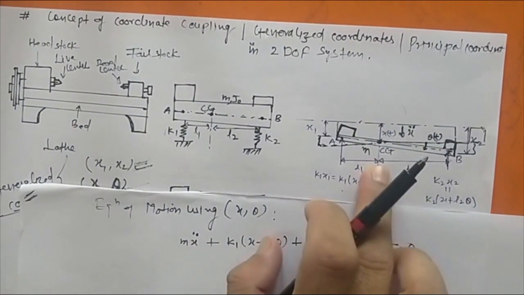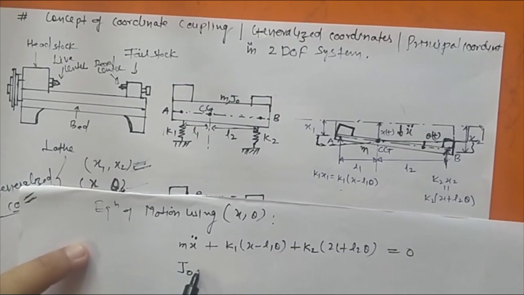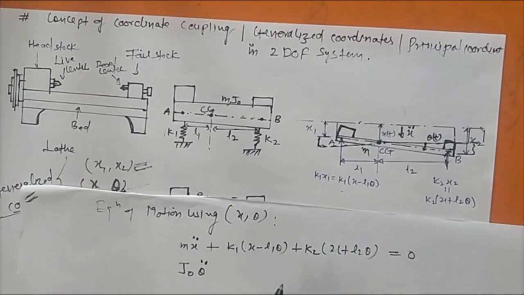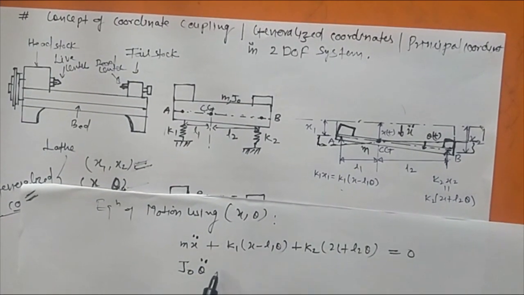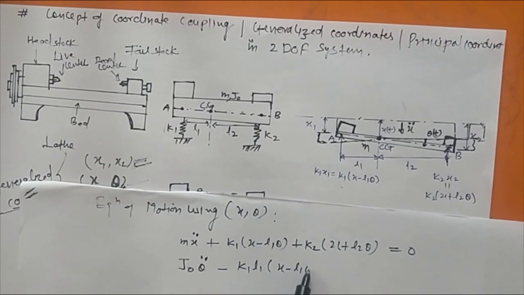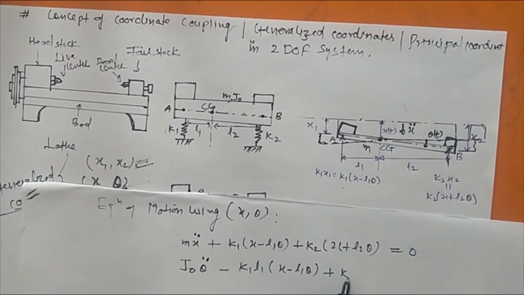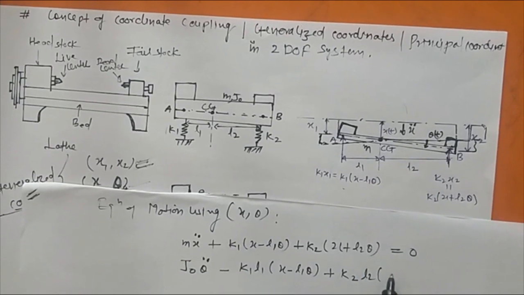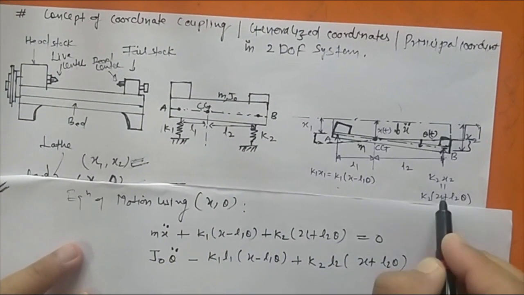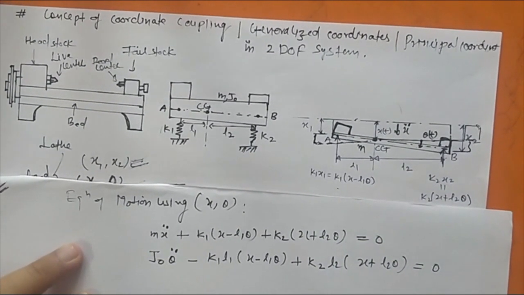So from moment equilibrium we write the equation: J naught theta double dot in the anti-clockwise direction, minus k1 L1 (x minus L1 theta) in the clockwise direction, plus k2 L2 (x plus L2 theta) in the anti-clockwise direction, is equal to 0.